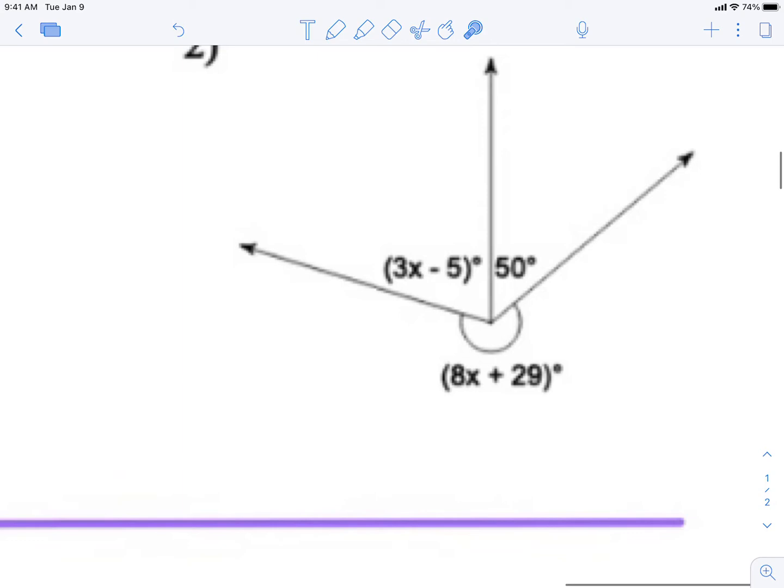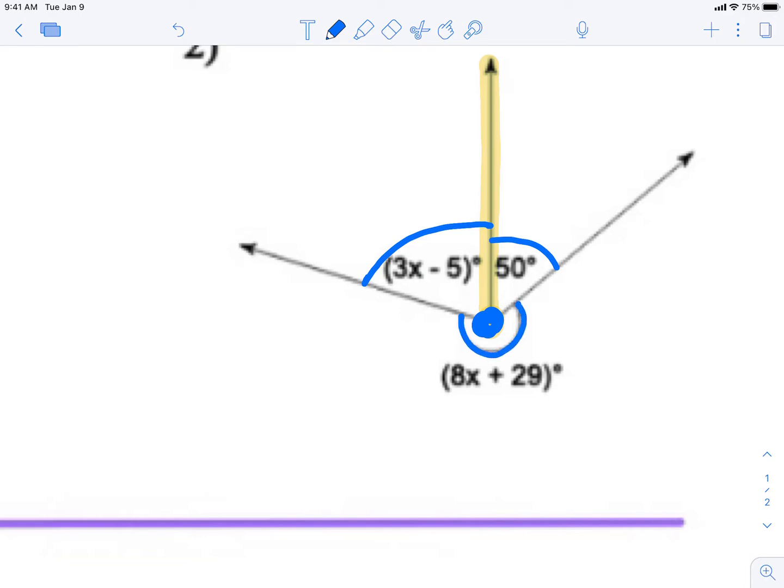So if we notice here, I have a common vertex, right? And I have a common wall between this angle and this angle. Look at that. And on the outside, look what I have here as well.